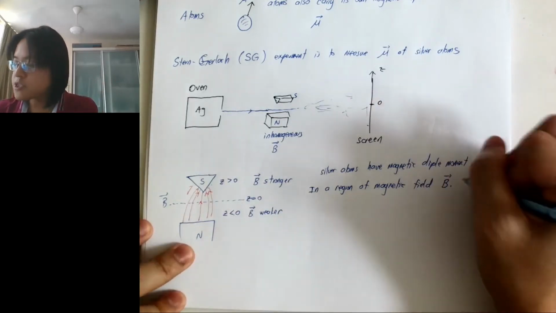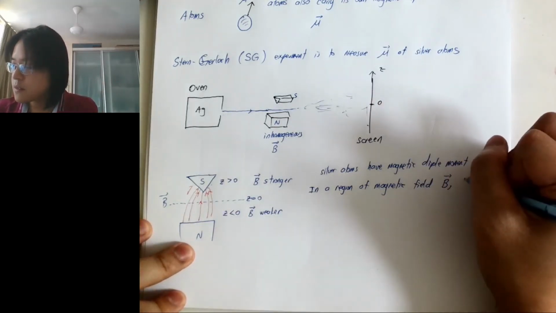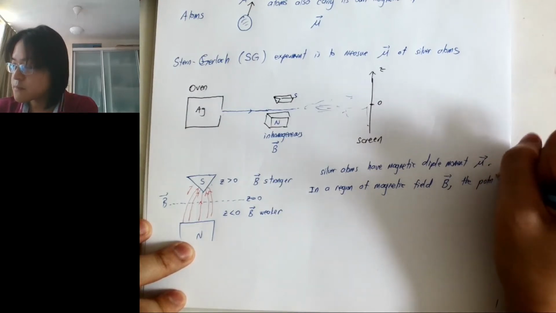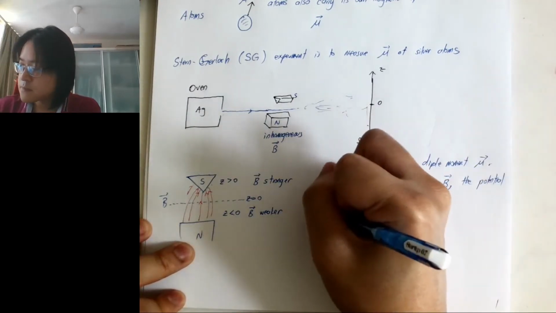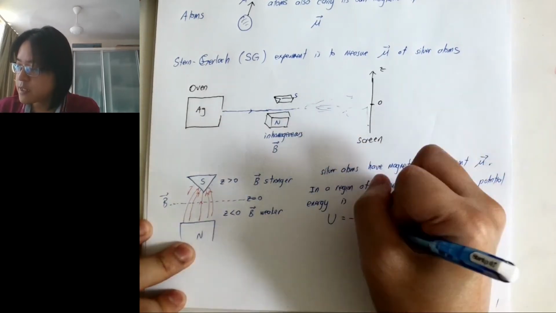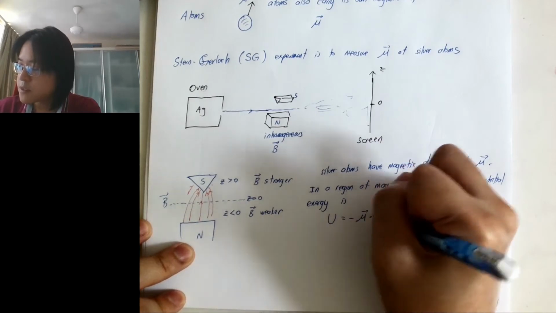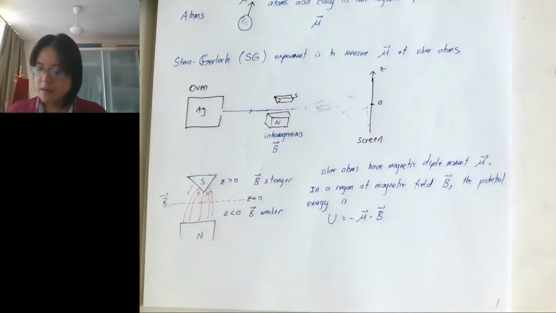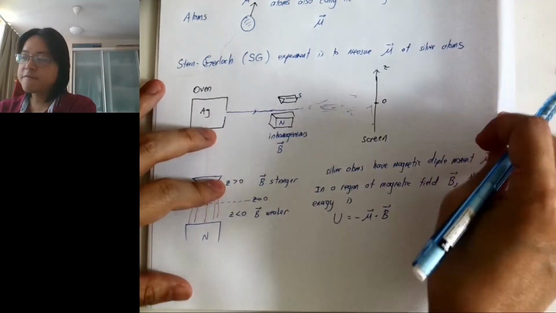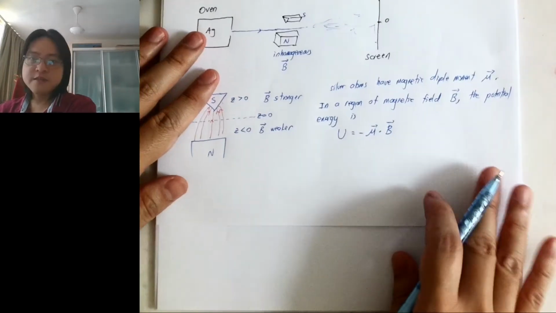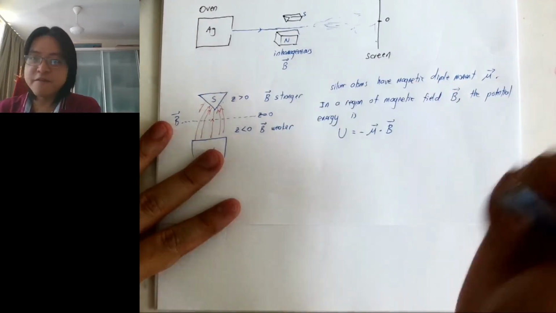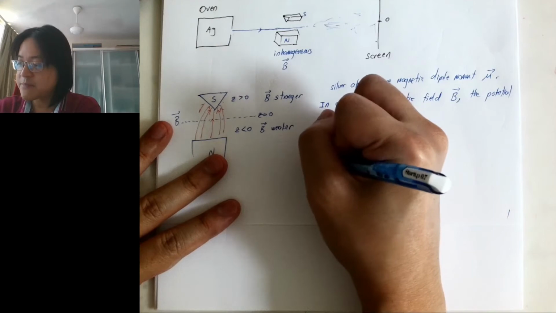The potential energy of the atom is given by this formula: mu dot B. This was in classical mechanics, but even if you're not learning this, never mind, I'm telling you this now.